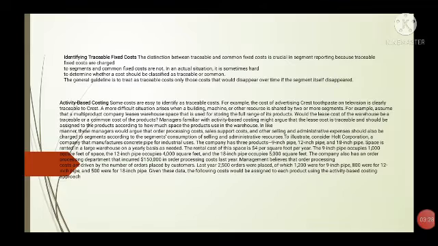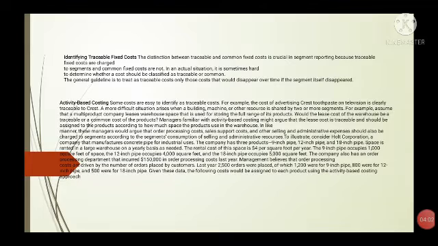In like manner, managers might argue that the order processing cost, sales report cost, and other selling and administrative expenses should also be charged to the segments according to each segment's consumption of selling and administrative resources. To illustrate, consider Health Corporation, a company that manufactures concrete pipe for industrial uses.